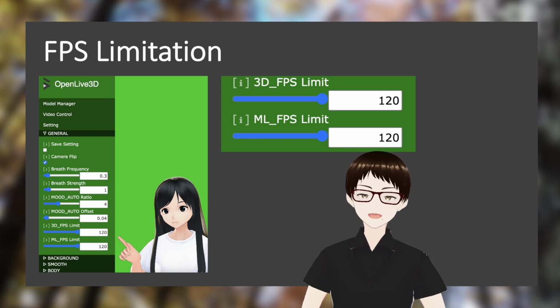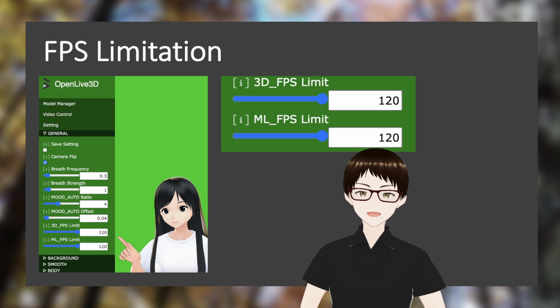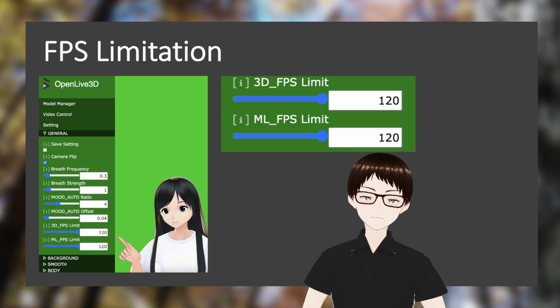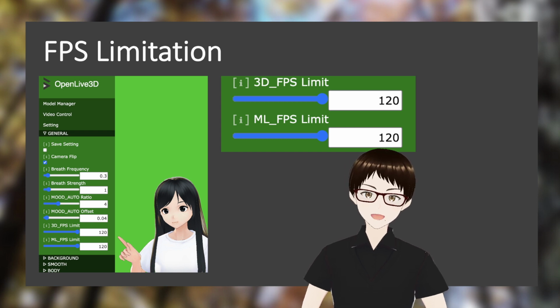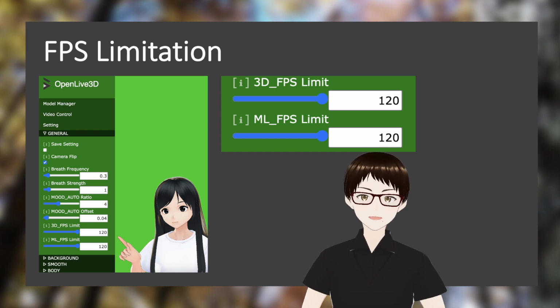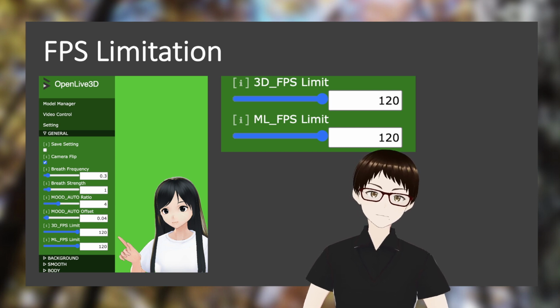These are 3D FPS limit and ML FPS limit. You can see that the 3D rendering limit and the machine learning FPS limit are separated. They are running on different threads, right? Running on different computer threads. So their limitation can be set separately.